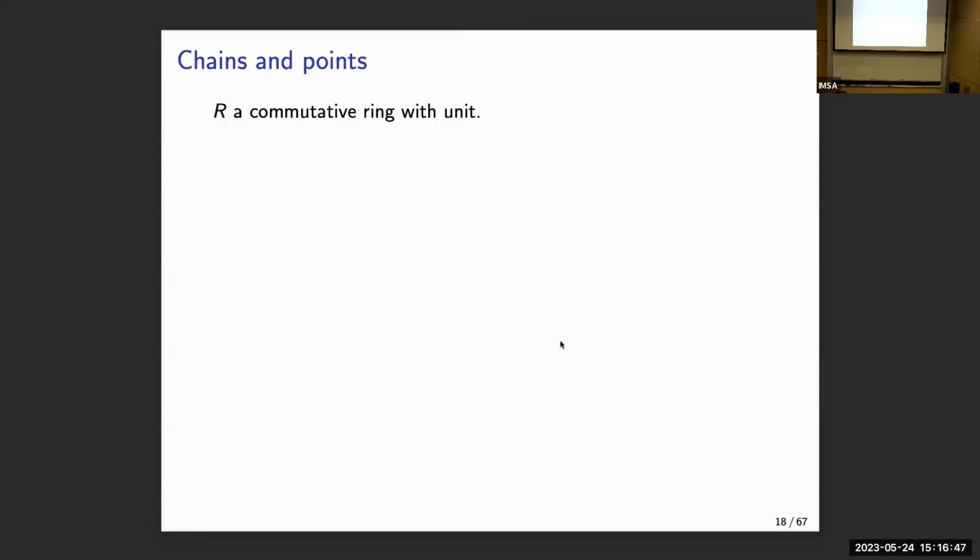So let me start by discussing the functor of chains that I will be considering. Let's fix a commutative ring R with unit. Associated to any set, any bare set, we can linearize that set and define a commutative coproduct on the free R-module generated by that set.